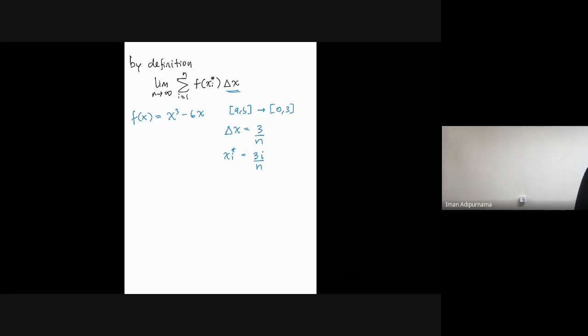Then our equation will be f(3i/n) times 3/n, and use this 3i over n in the function. In the derivative, it's similar to the limit as h goes to 0 of (f(x+h) minus f(x)) over h. Remember that?